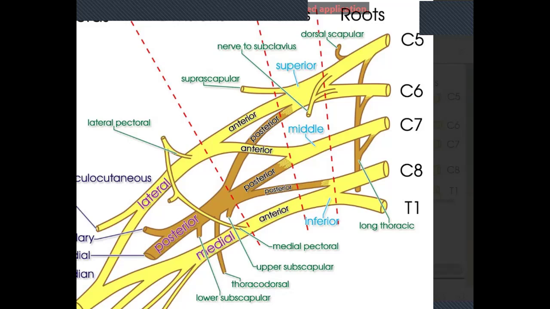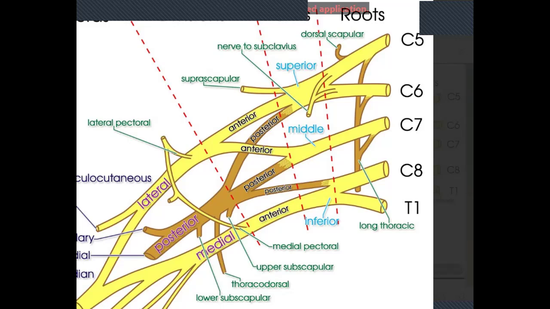It can also be injured after breast cancer surgery, when the patient is unable to touch the scapula with the hand. So it's the thoracodorsal nerve injury which occurs most commonly.